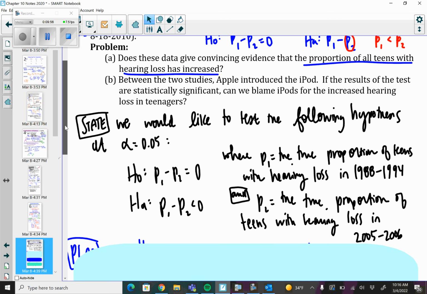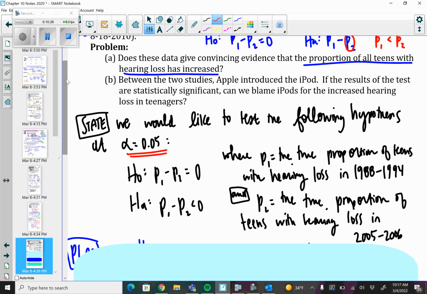We would like to test the following hypotheses at a 5% significance level. Our null hypothesis is that p1 minus p2 is 0, and our alternate is that p1 minus p2 is less than 0, is negative, where p1 is the true proportion of teens with hearing loss in the 80s, and p2 is the true proportion of teens with hearing loss in 2005 to 2006.